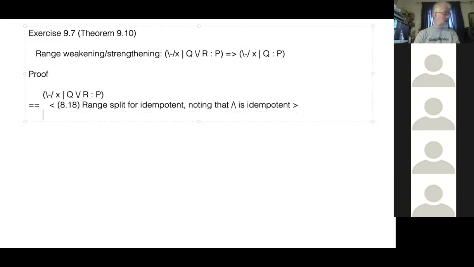And so 8.18 says that we can take something with an or in the range like this, and we can break it up into two quantifications, each of which has one of the pieces in the range. So we'll have a Q quantification and an R quantification. And how are those two quantifications joined?